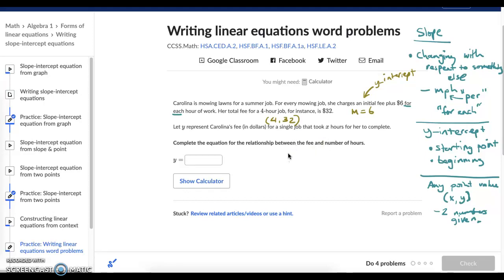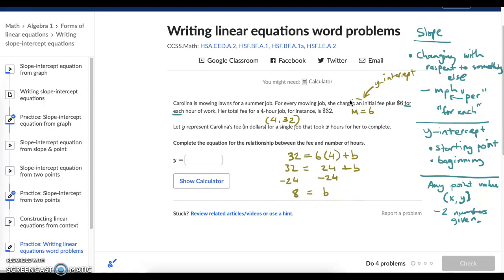So we can say that 32, or y equals mx plus b, equals 6 times 4 plus b, and we can solve for b again. So that's going to be 24. So 32 equals 24 plus b, and subtracting 24 from both sides will give us 8. So b is equal to 8.